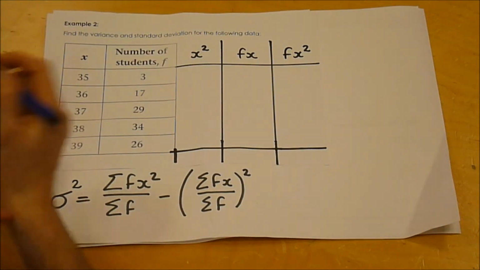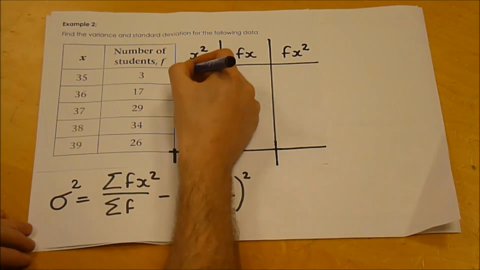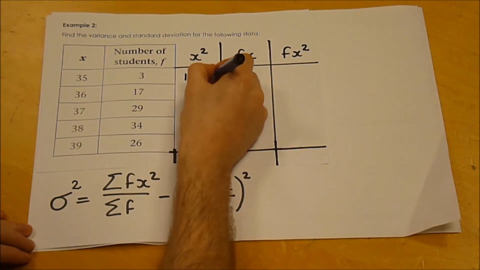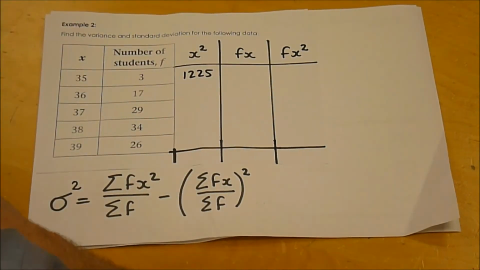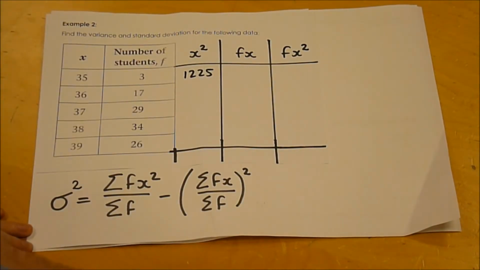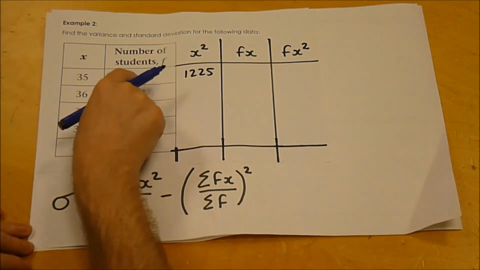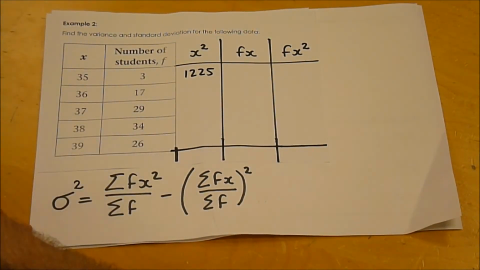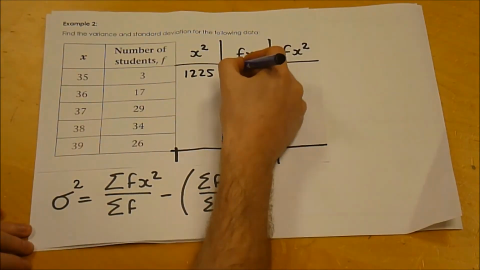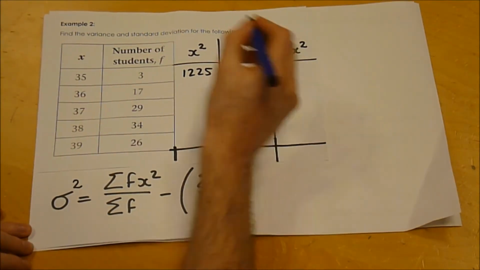If x is 35, we all know that 35 squared is 1225. Easy. For the next column, we need to do f, our frequency, times 35. That's what these 3 pieces of data are contributing. 3 lots of 35 is 105.